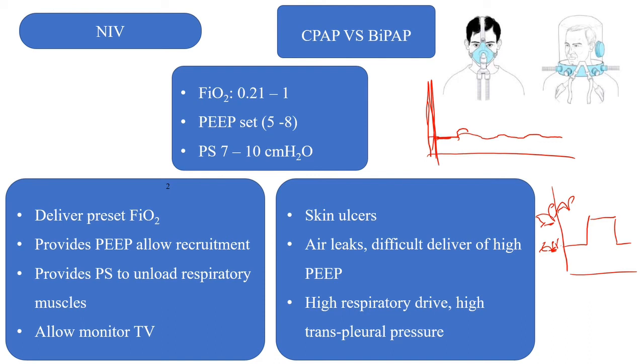CPAP is used in patients with hypoxia only or obstructive sleep apnea, and BiPAP is used if the patient has a problem with CO2 retention, to allow ventilation in addition to oxygenation.